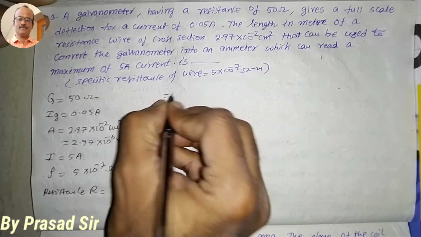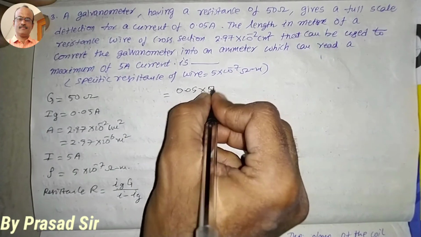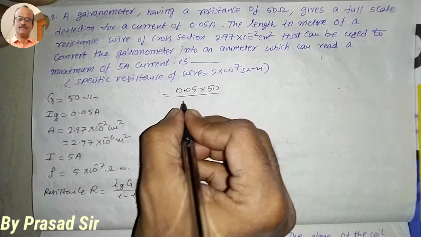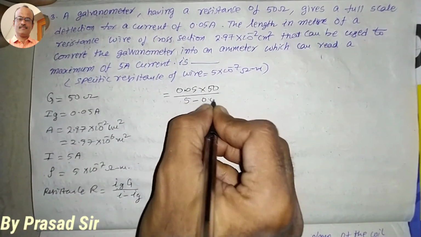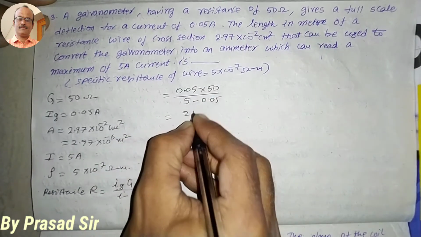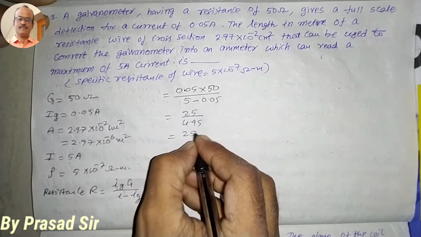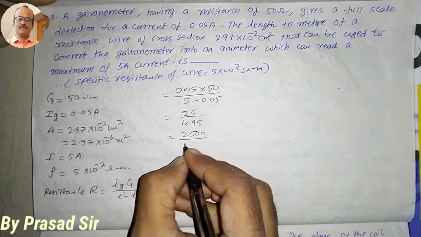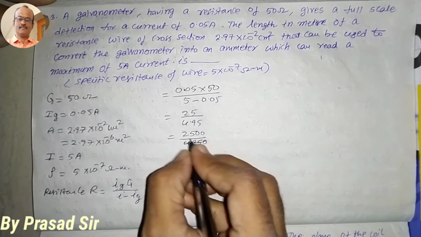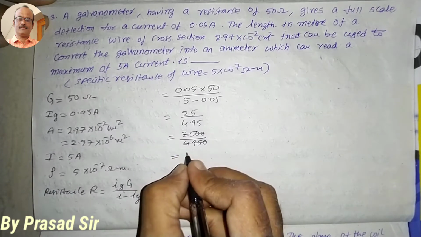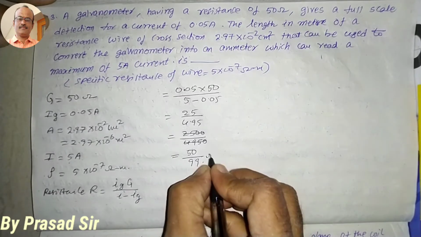Now substituting the values: 0.05 current through the galvanometer and 50 resistance of the galvanometer, divided by 5 amperes of current we have to send here minus 0.05, is equal to 2.5 divided by 4.95, which is 2500 divided by 4950. On cancellation, that is 50 by 99. So this is the resistance we are getting.